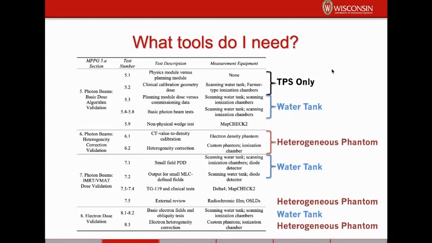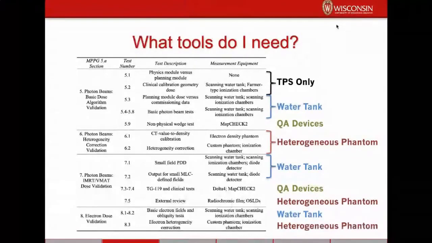It also calls for an end-to-end external review test, and so you can go to the folks at IROC Houston and order an anthropomorphic phantom from them for that kind of test. And finally, some tests, because the beams being delivered were modulated, IMRT, VMAT, enhanced dynamic wedge, are best measured with QA devices, which can capture a dose distribution that's delivered over a period of time.